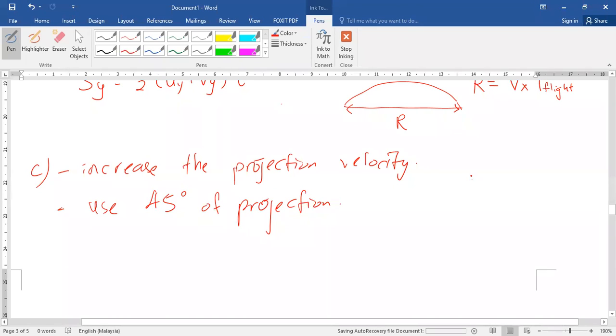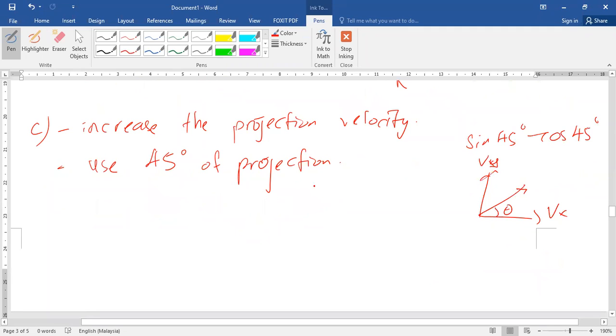Because sin 45 is equal to cos 45 degree. If we want to find out Vy and Vx, this will be delta. So we want to get the maximum, and that only happens when the angle is equal to 45 degrees.